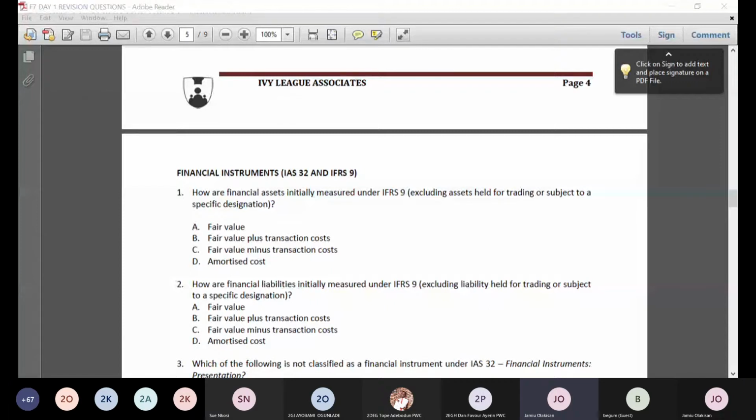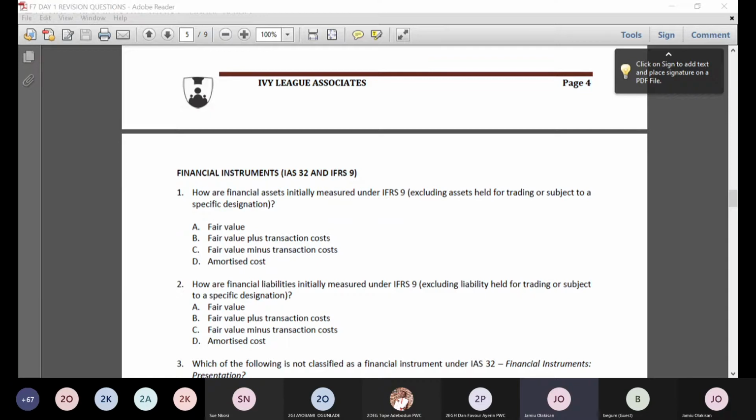IAS 32 starts by defining what a financial instrument is. It defines financial assets. It says financial assets include cash, the cash you have in your hand, the cash you keep in the office, the cash the banks keep in the vault. They are all financial assets.